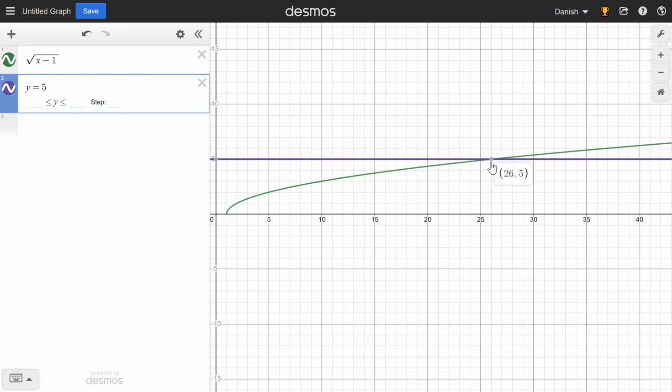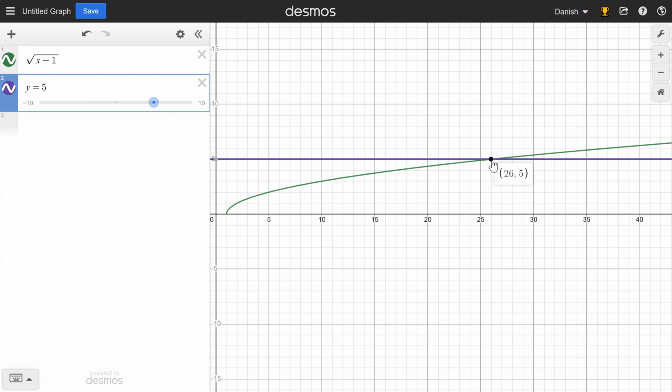Where is the point of intersection of these two? 26. x is the answer. So if you plot the left-hand side and the right-hand side, look at the board. I'm giving an easy way of solving this. So x equals 26, y equals 5 is an easy way of looking at the solution.